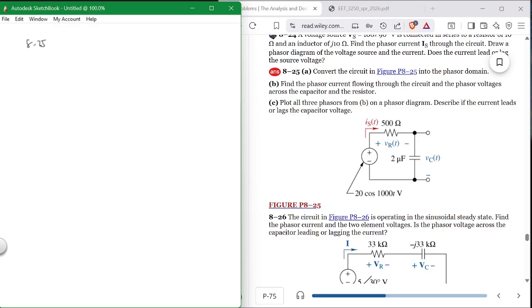So what's the frequency? The 2 pi f is 1,000. So we use that.